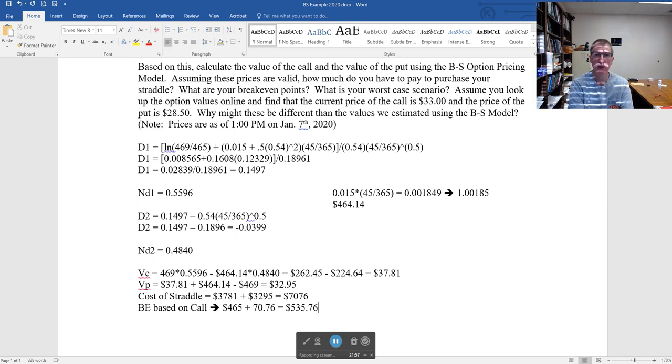Alternatively, we can make our money on the put if Tesla falls far enough. So the break even based on the put is 465 minus $70.76.